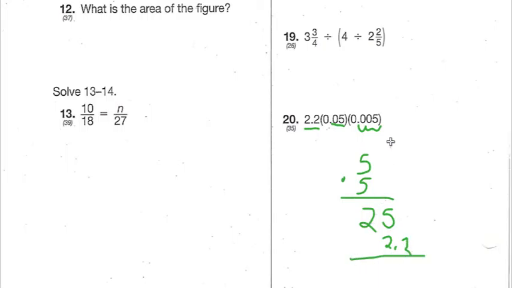This is pretty close to that, so we're done with this up here. Goodbye. 25 times 2.2. 25 times 2 is 50, so I'm going to put my 0 in there, carry my 5. And 25 times 2 is 50, plus I had that 5 left over, so my answer should be 55, right? So I have 55, but back at the very beginning I decided I wanted to make this problem easy. So I moved the decimal over 5 places.